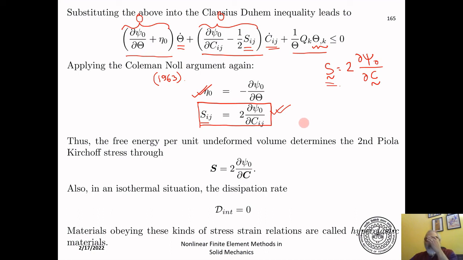This shows that a purely elastic solid, an isothermal elastic solid, is completely non-dissipative. Dissipation is equal to 0, and these kinds of materials are called hyperelastic materials. And we will do a lot on hyperelastic materials and how to model them in finite elements in the coming classes.